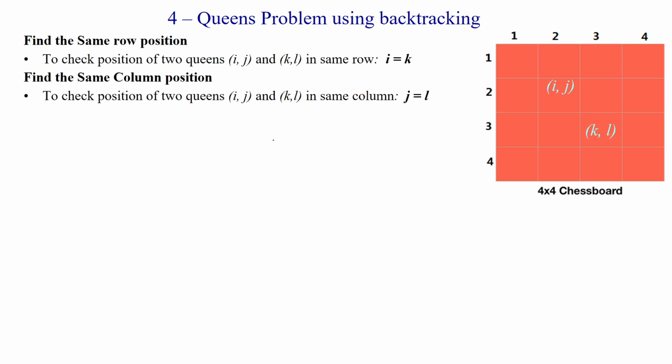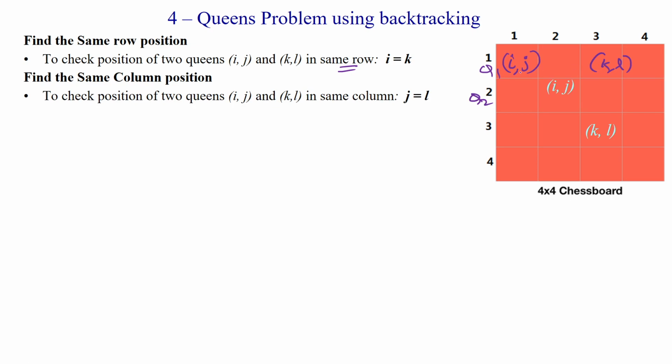Now, how do you find the same row position for 2 queens? You see, when you are placing the queens, suppose this is i comma j, then I place the second queen in the same row. First I am taking the same row, so I place queen 2 here, for example, at k comma l.